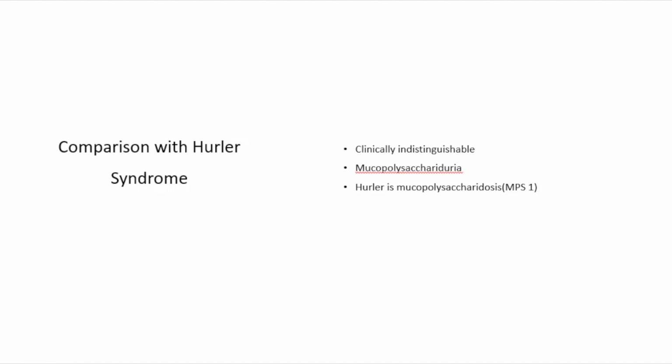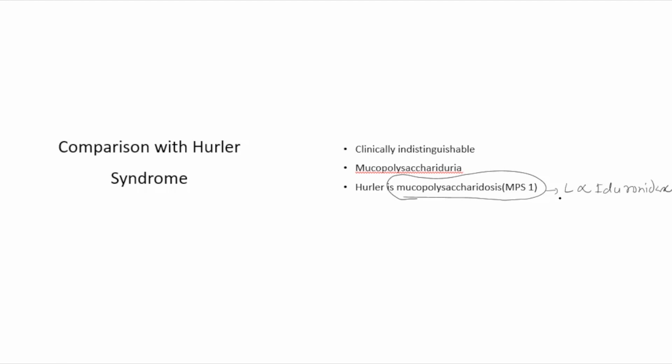Comparison with Hurler syndrome. Hurler syndrome is not a mucolipidosis, it is a mucopolysaccharidosis, so it is MPS type 1. Can anyone name the enzyme that is defective in MPS 1? It is L-alpha-iduronidase.